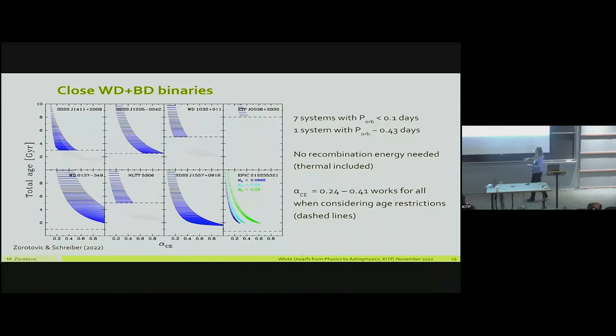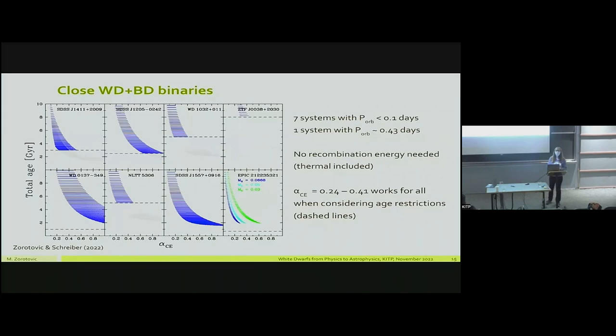And also, what's interesting for these systems is that you also have a minimum age for the brown dwarf, because if you can measure the temperature of the brown dwarf, you can use cooling tracks and see the minimum age. Why minimum? Because it can also be heated by the white dwarf. So this temperature is kind of the upper limit for the real temperature, or temperature without this heating.